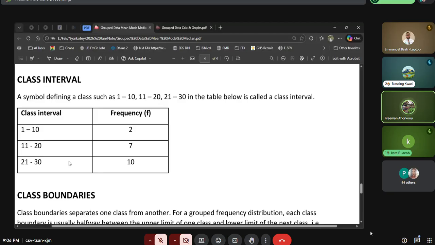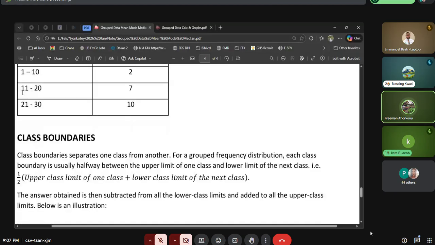When you find the difference and divide by 2, you will get 0.5, which you have to be adding or subtracting. If you have 10 and 11, you get 21. If you divide by 2, that gives you 10.5. So 10.5 becomes the upper class boundary for this one and the lower class boundary for this one.